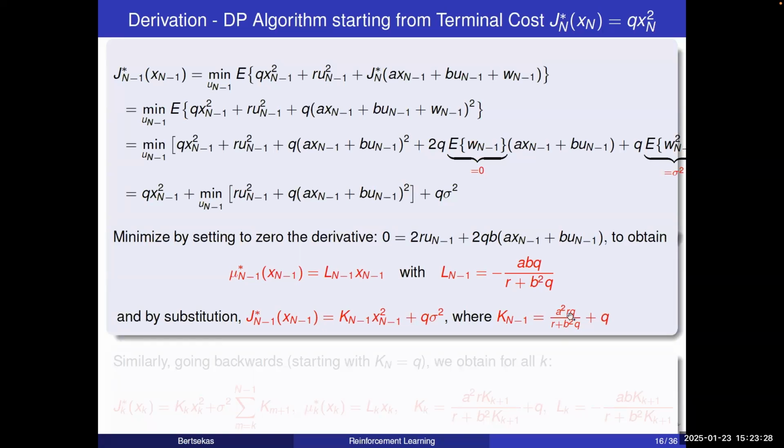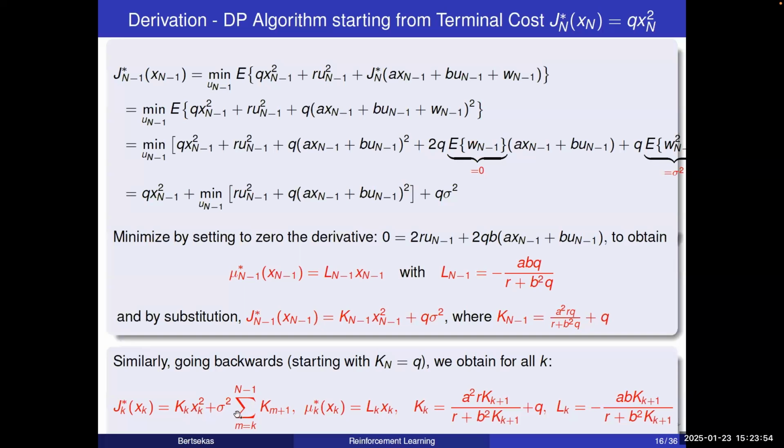After we collect the terms of the quadratic cost, we obtain this expression, with Kn minus 1 given by this. So now we have ended up with a J star n minus 1, which is quadratic, and we can play the same game. Minimize the quadratic, obtain linear control, plug back in again, obtain another quadratic, and so on. And going backwards, we obtain the entire solution of the problem.